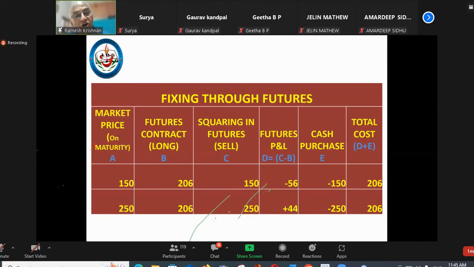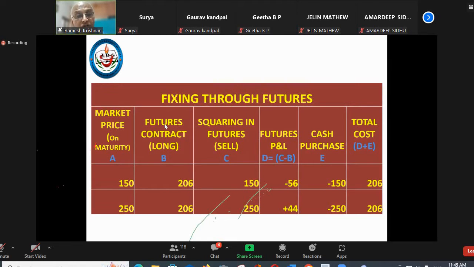So you extend this logic to any number, 0 to infinity, it will hold good that your total cost of cement will be 206, net of your futures exchange P&L. The squaring in futures, that means what? Squaring means in futures you can, academically, take delivery of cement from the futures exchange itself, but normally all contracts are closed out on the maturity date.